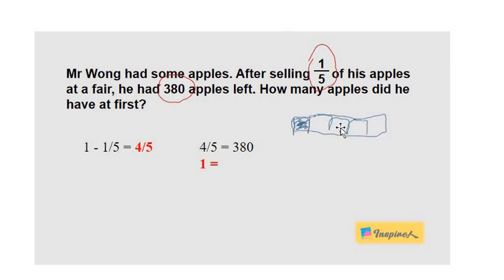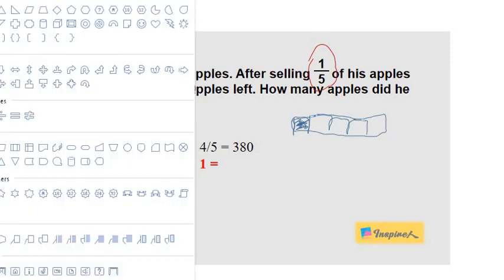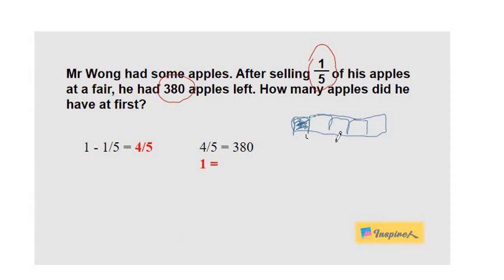So there are 4 parts left, and these 4 parts correspond to 380. So as you can see, 4 parts is 380. What we want to find out is 5 parts, which is the total number he had at first.